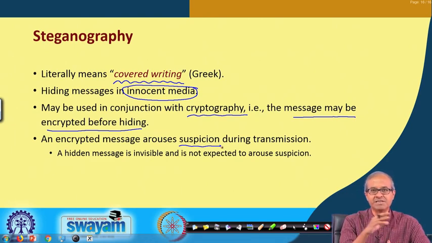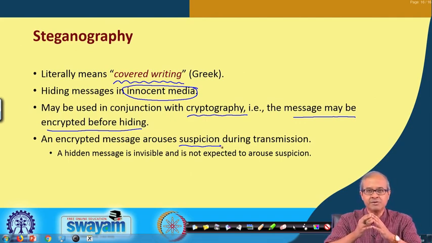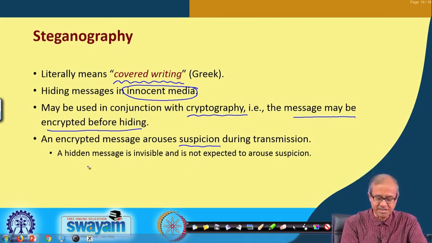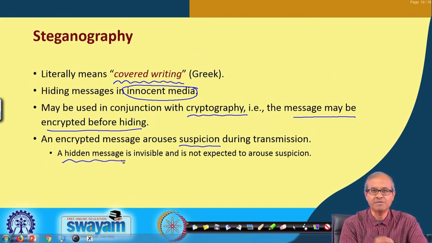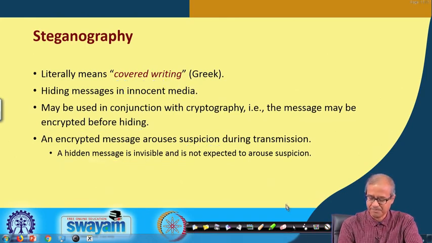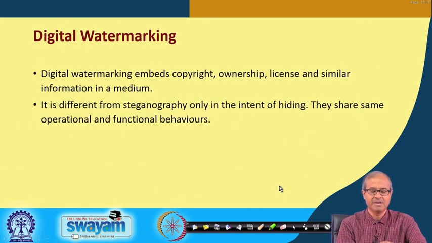So, any message flowing through in an encrypted form may raise suspicion. So, the other alternative is to send in such a way that no one will suspect at all, the message will be hidden, there will be nothing visible which can attract any suspicion. Okay. This is the idea.